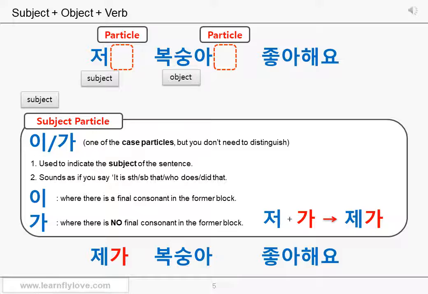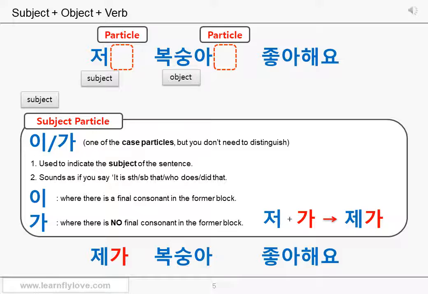It is me. So when someone asks you, who likes peaches, in Korean, you can answer, 제가 복숭아를 좋아해요. Using the subject particle 가. It is me who likes peaches. 제가 복숭아를 좋아해요. Okay? That's the difference. Again, 저는 복숭아를 좋아해요 sounds more like as for me, or if I talk about myself, I like peaches.